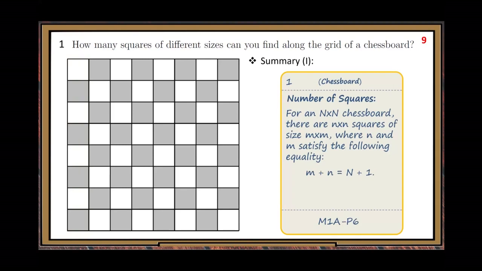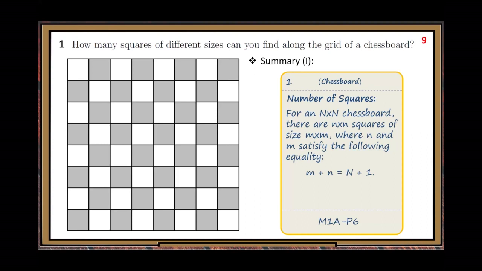Here I give you the result in this flashcard format. The number of squares in a chessboard. If the chessboard is of size capital N by N, and we assume there are little m by little n squares of size little m by n, then we have the following nice equality: little m plus little n equals capital N plus 1.